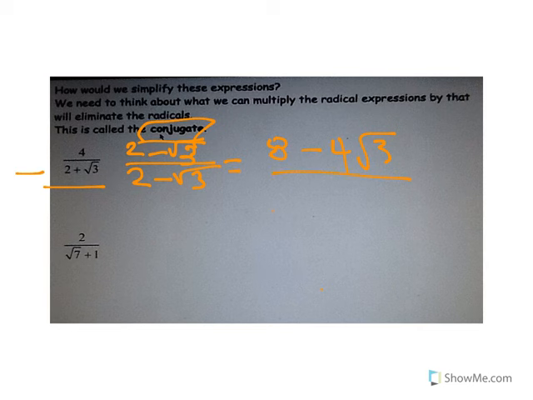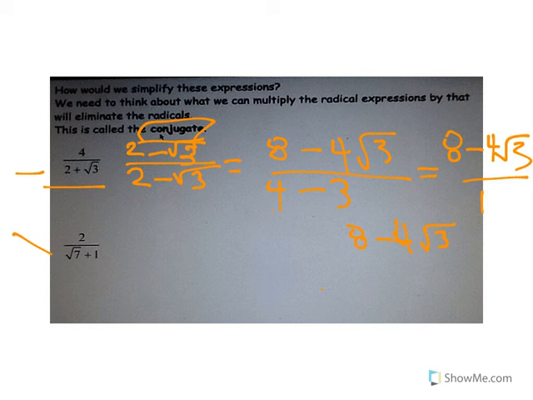Now on the bottom, I'm going to end up with 4, because 2 times 2 is 4, and minus 3, because radical 3 times radical 3 is going to be 3, and then I have its subtraction. So just like I did before, this is 8 minus 4 radical 3 all over 1. So it's actually just going to be 8 minus 4 radical 3 is the simplest way of doing this.